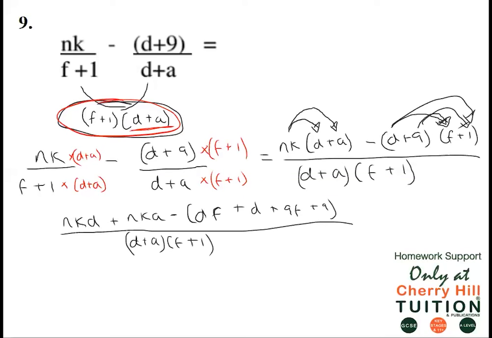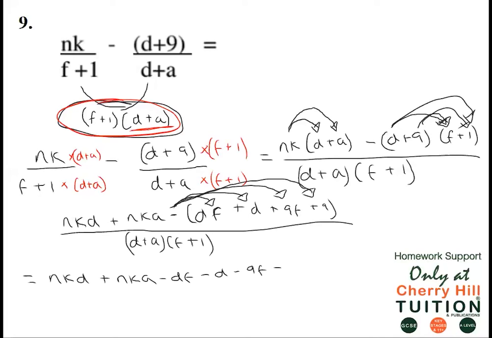Okay, so now we can expand the brackets in the numerator again. We end up with nkd plus nka. Now we have a minus sign multiplied by df, which is minus df, minus sign multiplied by d, which is minus d, a minus sign multiplied by 9f, which is minus 9f, and a minus sign multiplied by 9, which is minus 9.